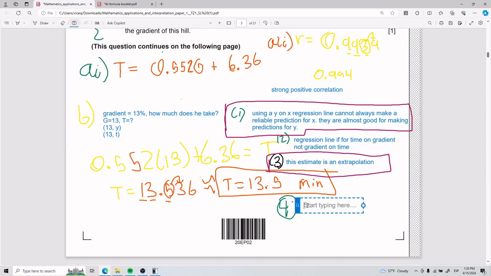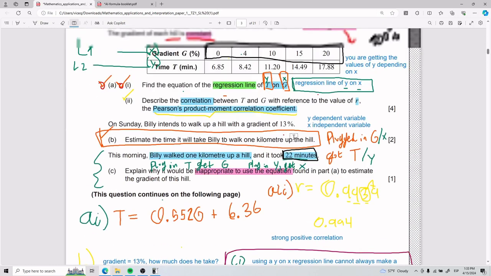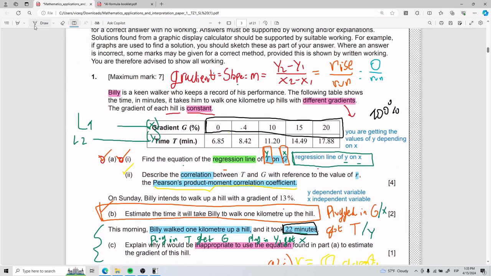So the last one that you can say is that there is no reason to assume this new hill has constant gradients. So now we go back to all the constant stuff we talked about earlier. Our dear old friend Billy has been going on hills that have a constant gradient.